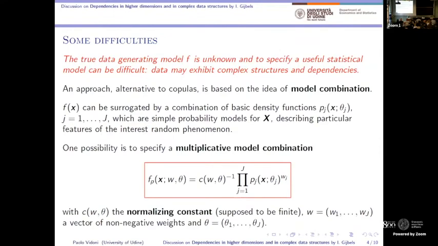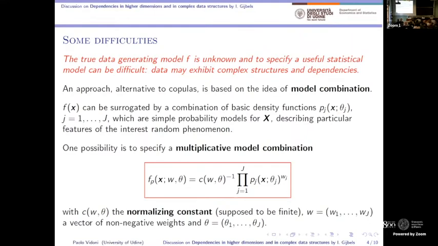With regard to this approach, there are some difficulties. The first is that clearly we do not know the true data generating model, so the true f is unknown. It is also difficult to specify a useful statistical model to describe the observed data, because we may have a complex data structure and complex dependencies.